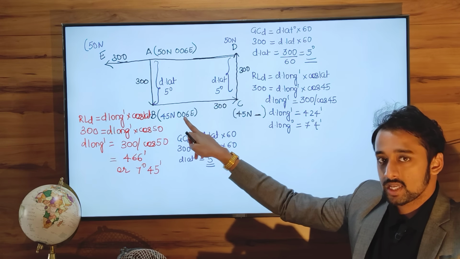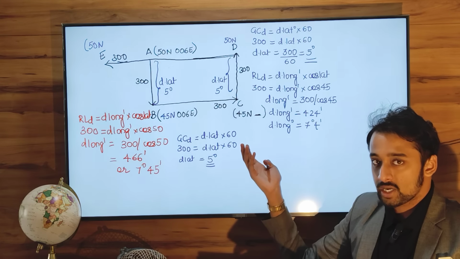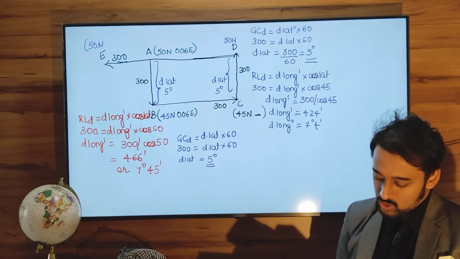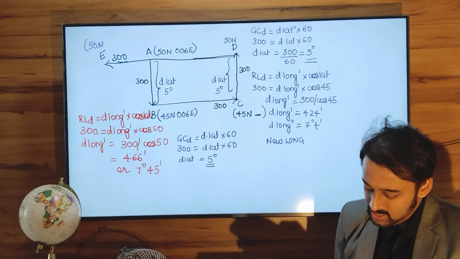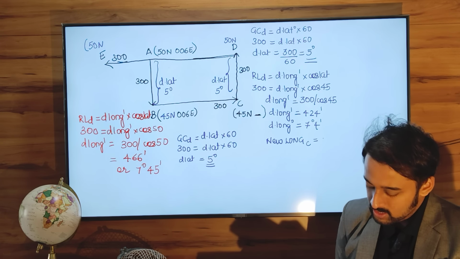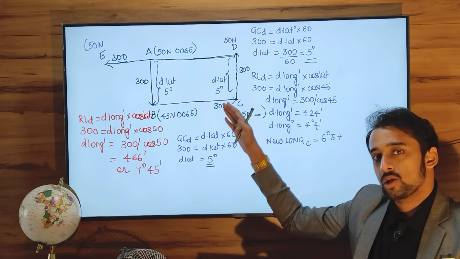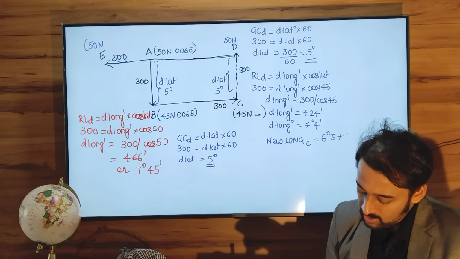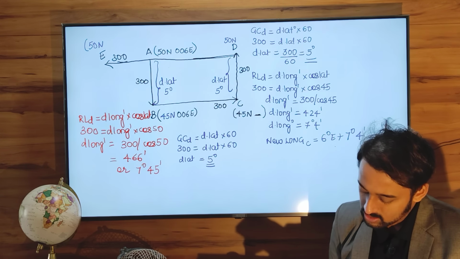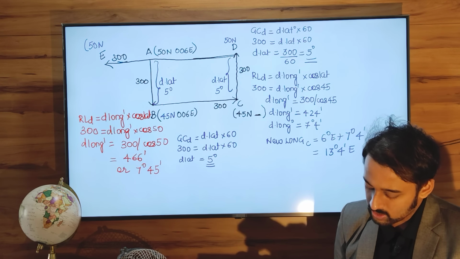Initial longitude was 6 degrees. When you go in the easterly direction, your longitudes will increase. So new longitude at C will be 6 degree east longitude plus the difference. Since you are going easterly, the longitudes will keep increasing: 6, 7, 8, 9, 7 degree 4 minutes. So that is 13 degree 4 minutes easterly longitude.